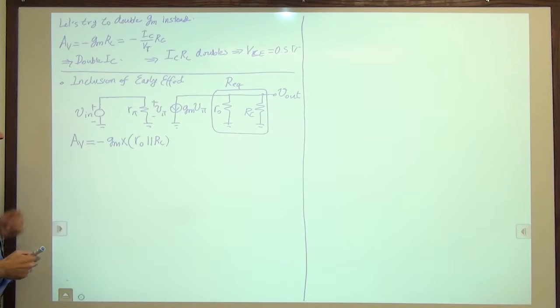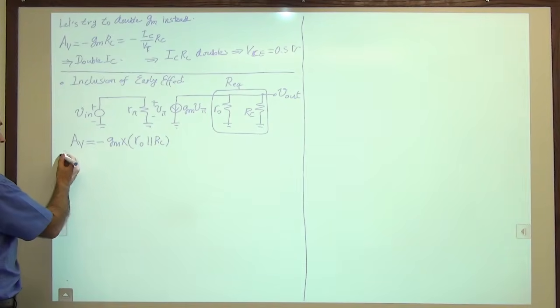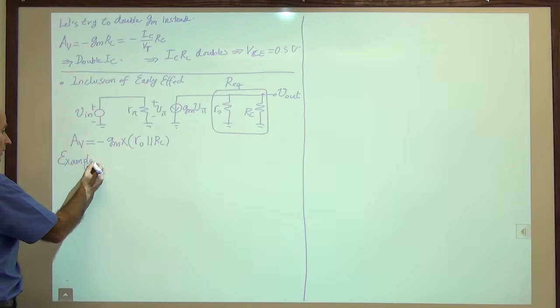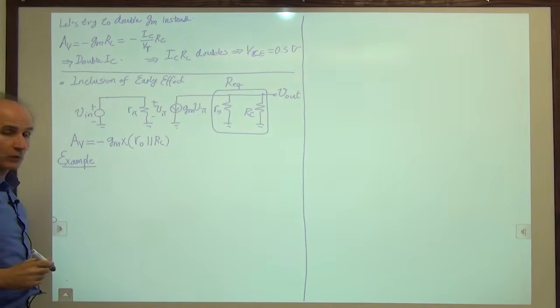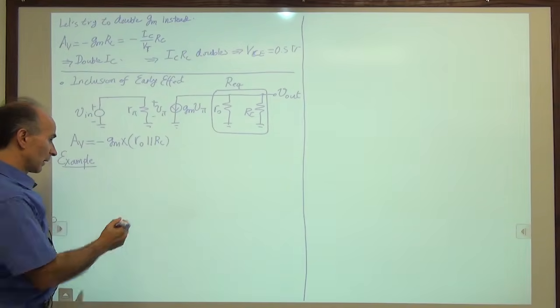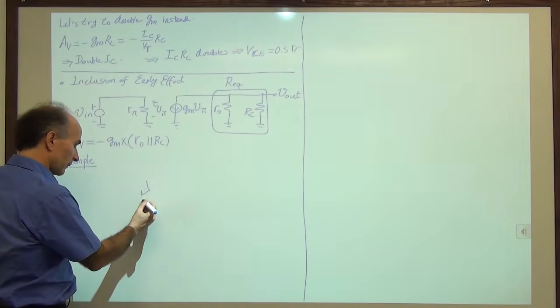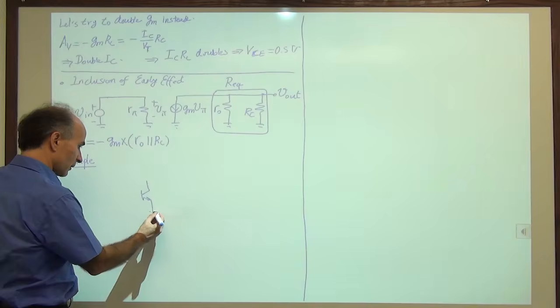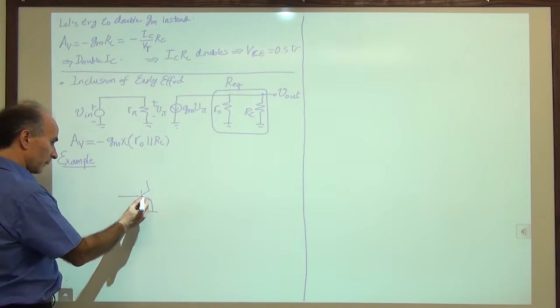Okay, so let's look at an example of how this early effect comes into the picture. So I would like to show you another common emitter stage. So here's a common emitter stage with an input signal.